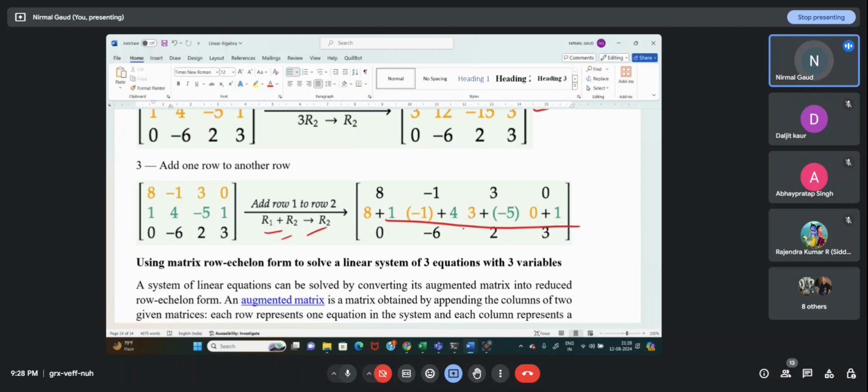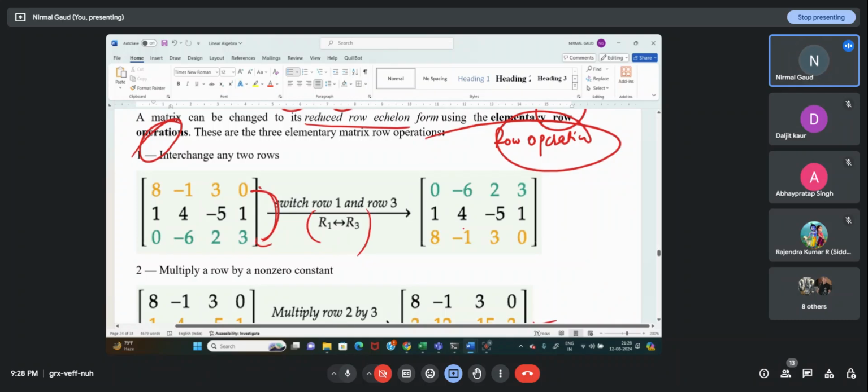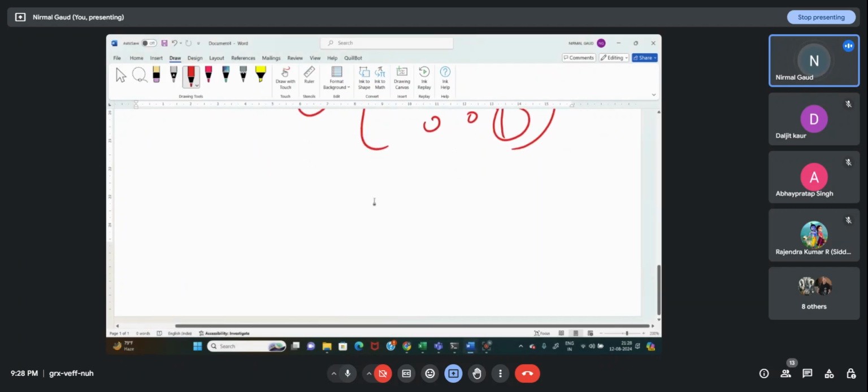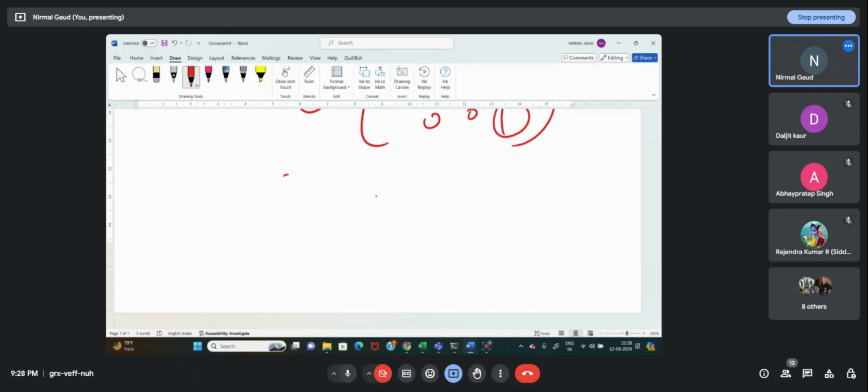By these row operations, you can convert a matrix into echelon format, and then later on you can further convert the matrix into reduced echelon format. It is possible. Let me take some small matrix, say 2 1 2, 1 0 and 1 0 2 1.